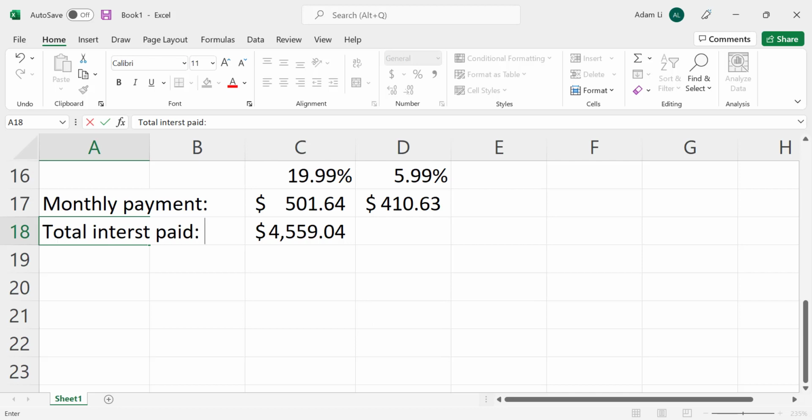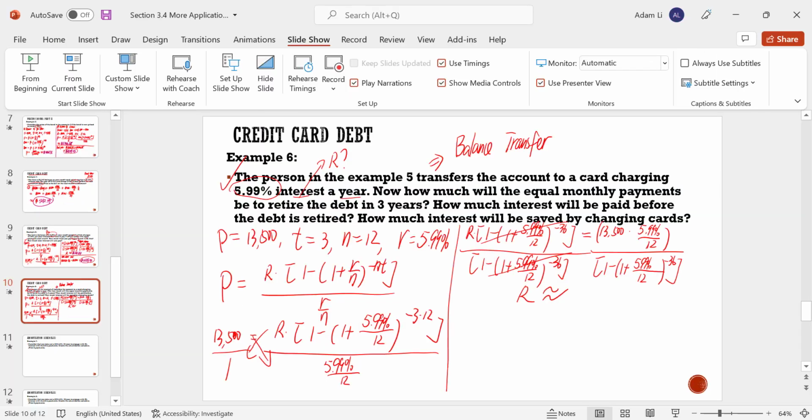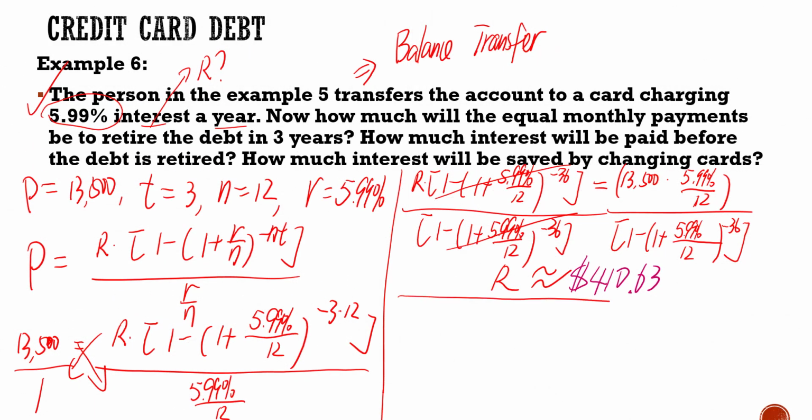Total interest paid: we assume it will be much lower. Let's see what the total interest paid was. As a credit card holder, you pay $410.63 for 36 times, and you only owe $13,500.